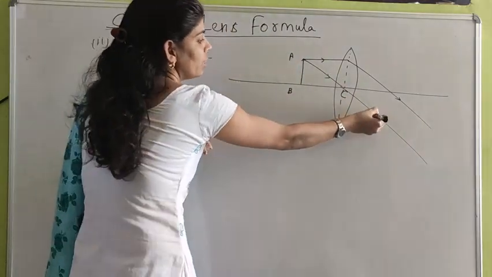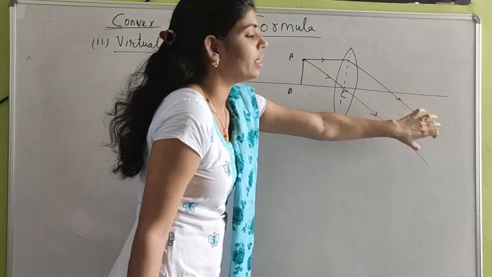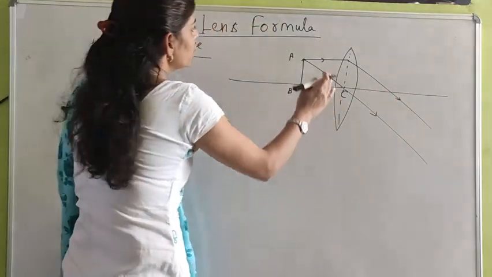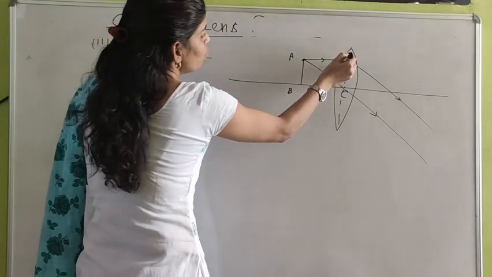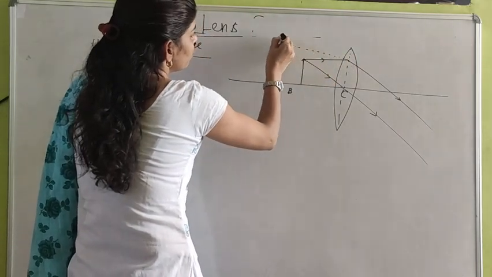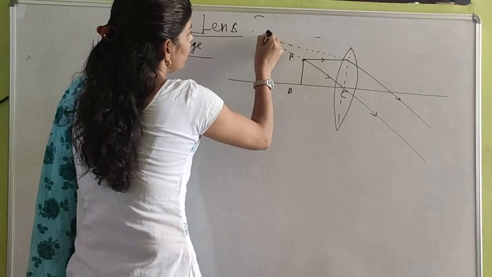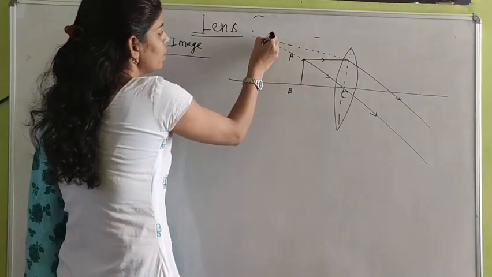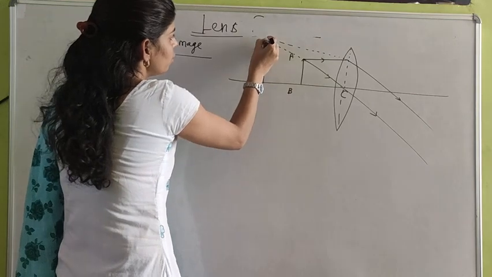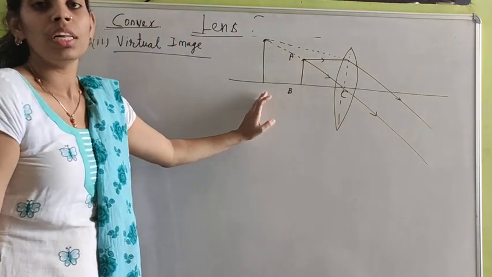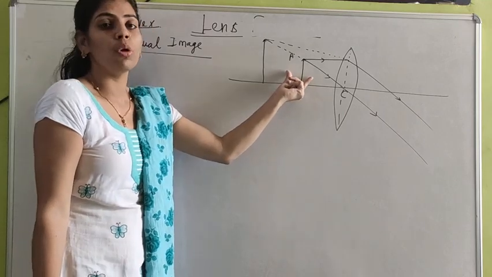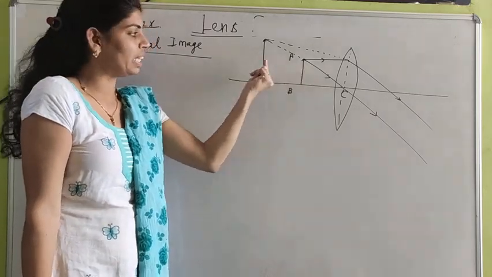Here you can see that they will not intersect each other on this side. For the image formation, we have to produce these two rays at the back side, and these two rays appear to meet at this position, and a virtual, erect and magnified image of this object will be formed behind the object.